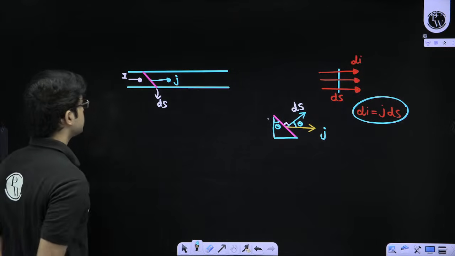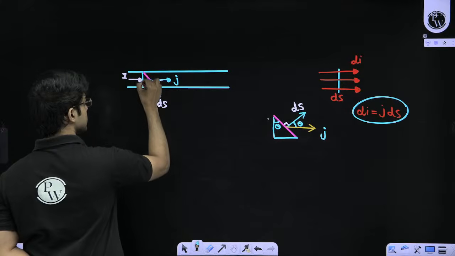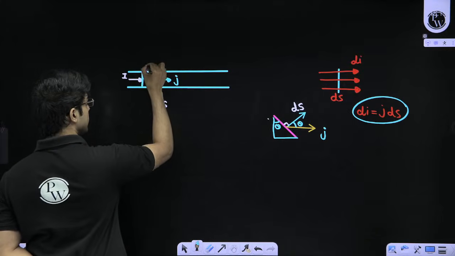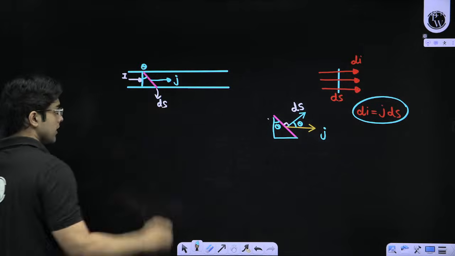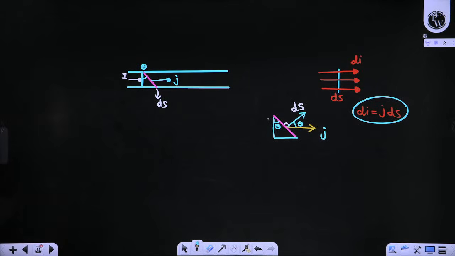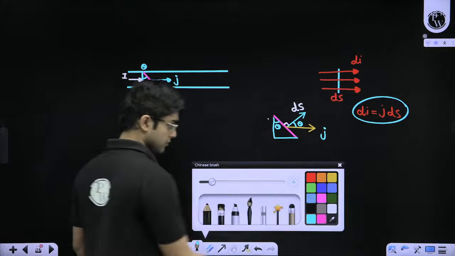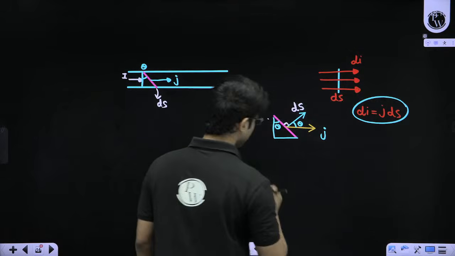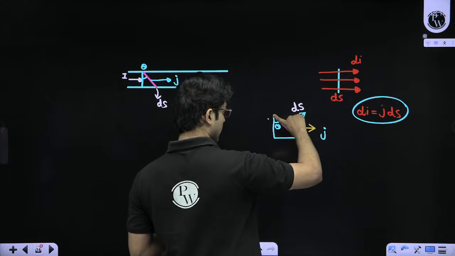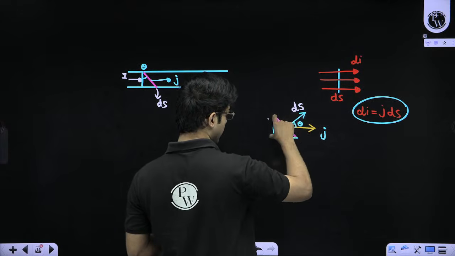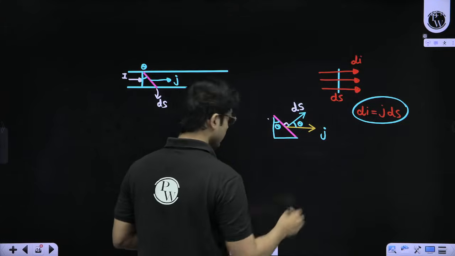The main thing you have to remember is that here you will have to choose the component of the area perpendicular to the current, similar to this case.